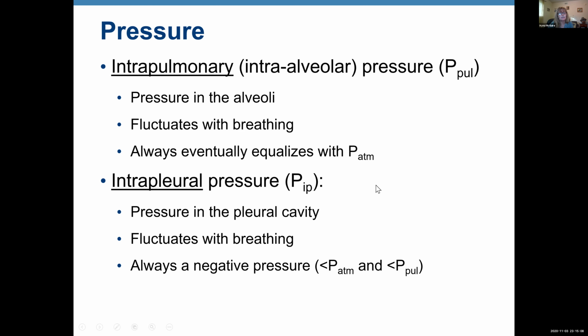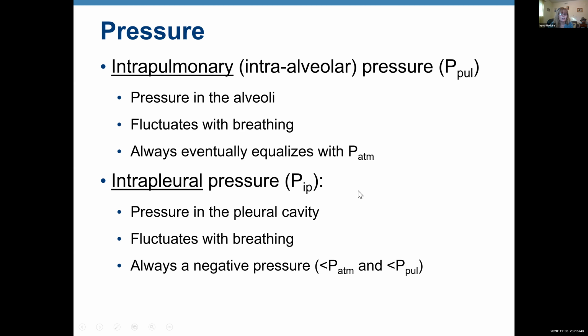Another pressure that exists is intrapleural pressure, abbreviated PIP, the pressure in the pleural cavity. I'm going to show you on the next slide. This also fluctuates with breathing, and it's always a negative pressure. So it's always less than atmospheric pressure, and as a result, always less than pulmonary pressure, because pulmonary pressure always equalizes with atmospheric pressure.